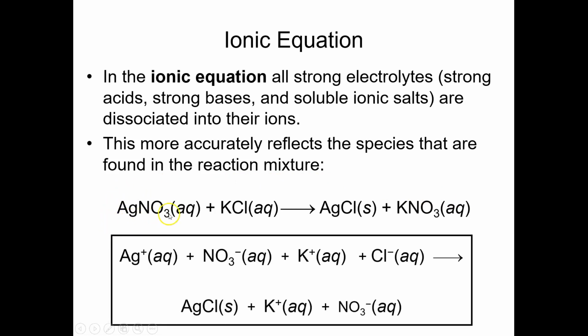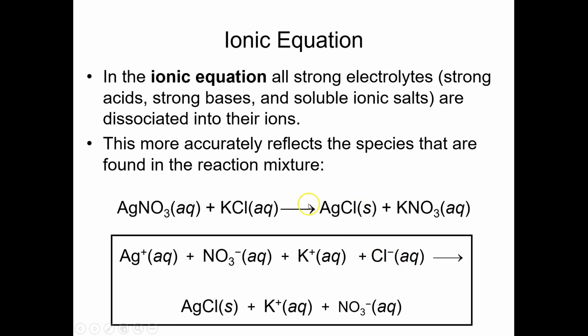And so aqueous silver nitrate becomes aqueous silver plus aqueous nitrate, because that's what you actually have when you've got aqueous silver nitrate. Aqueous potassium chloride becomes aqueous potassium ions plus aqueous chloride ions.